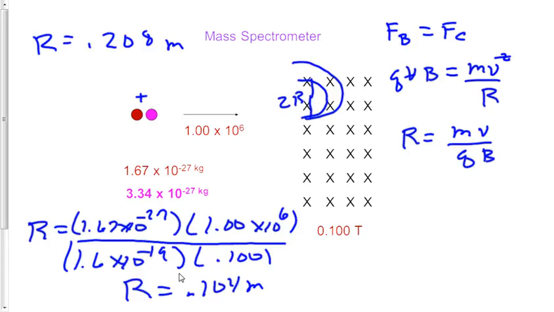So what's the path length here for this particular atom? Well, I'll double that. That's 0.208, and I'm just going to put a little circle around that. And of course, we'll need to double this one for the heavier atom. Okay, and that is 0.416 meters.